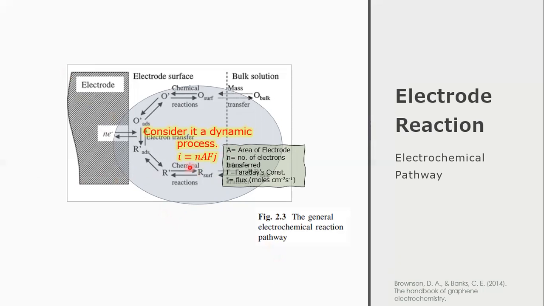So A is your area, F is your Faraday constant, J is the flux of the active species, which is mainly over here. If you're not using any other substrates or just the redox probes, then it's just the redox probe which is generating either due to a one-step or two-step process, depending on the choice of the probe you have decided to work with, and I is your current.